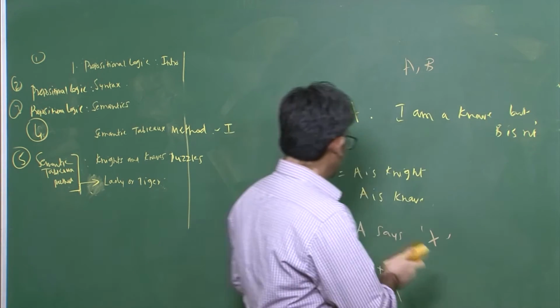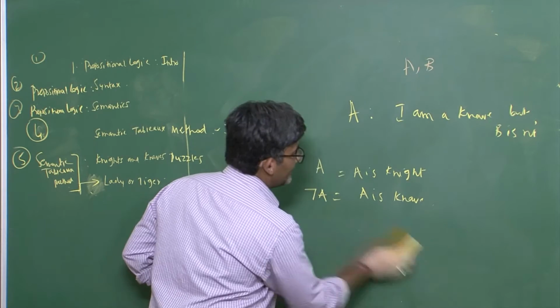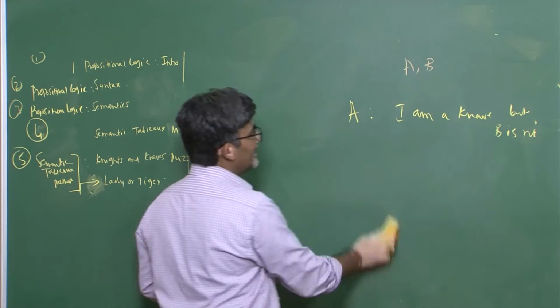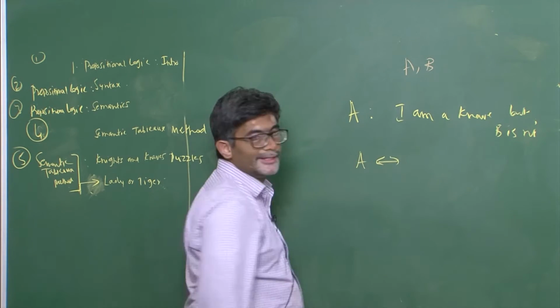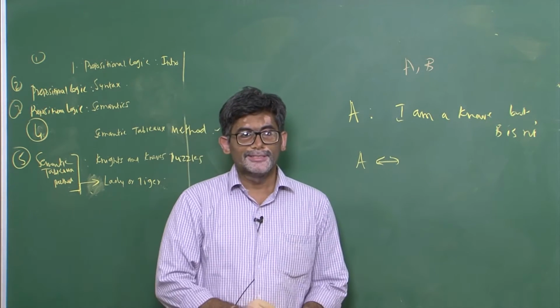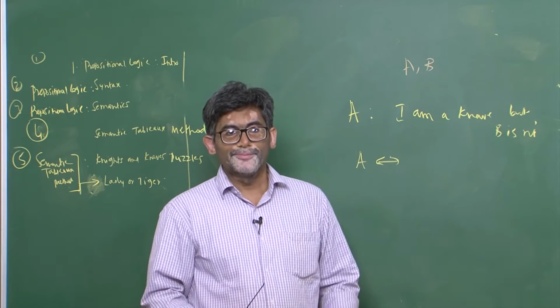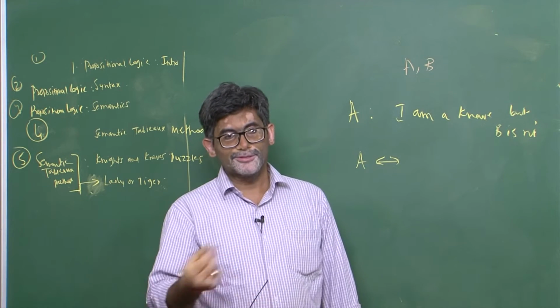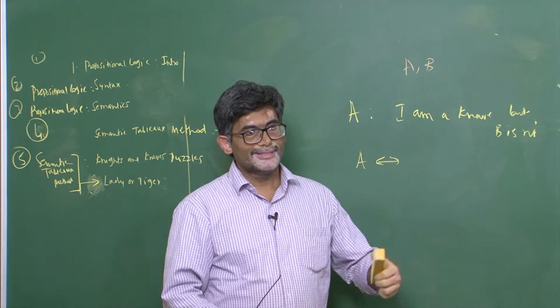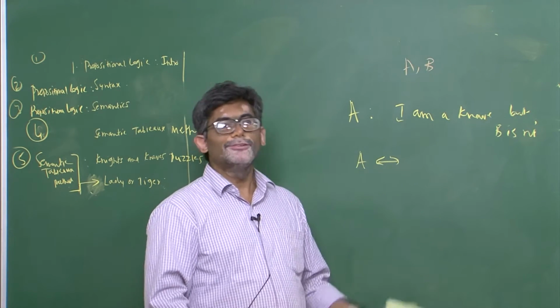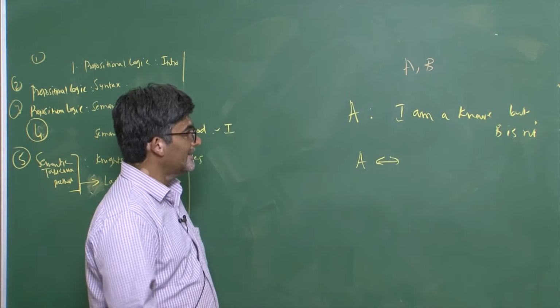So whenever you have A says something, it is going to be a biimplication. Suppose I say that 2 plus 2 is equal to 4, then A implies 2 plus 2 is equal to 4 is the case, and 2 plus 2 is equal to 4 implies that it is said by only A, none other than A.